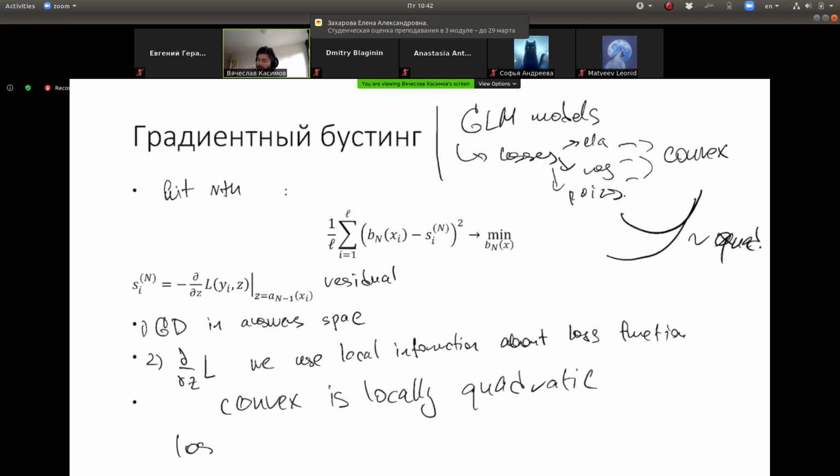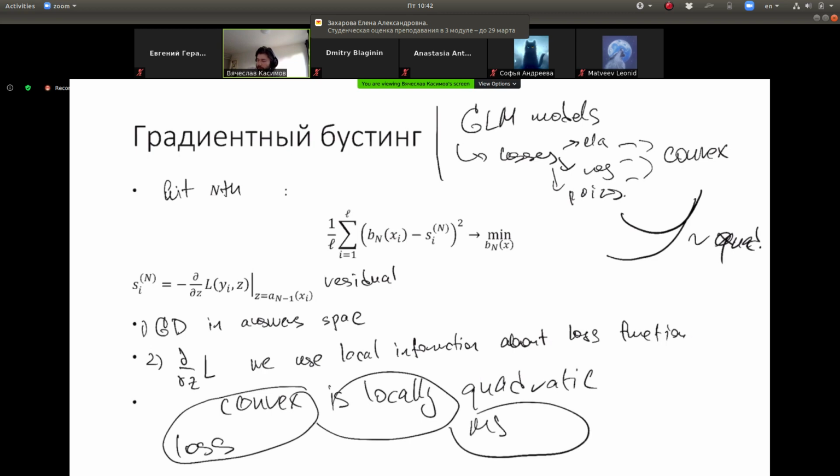So then all convex loss is locally MSE loss. And by taking the derivatives, what we really do is try to locally solve this problem of boosting with MSE loss, which is very natural to solve. At the start of the lecture, we developed this approach very easily.